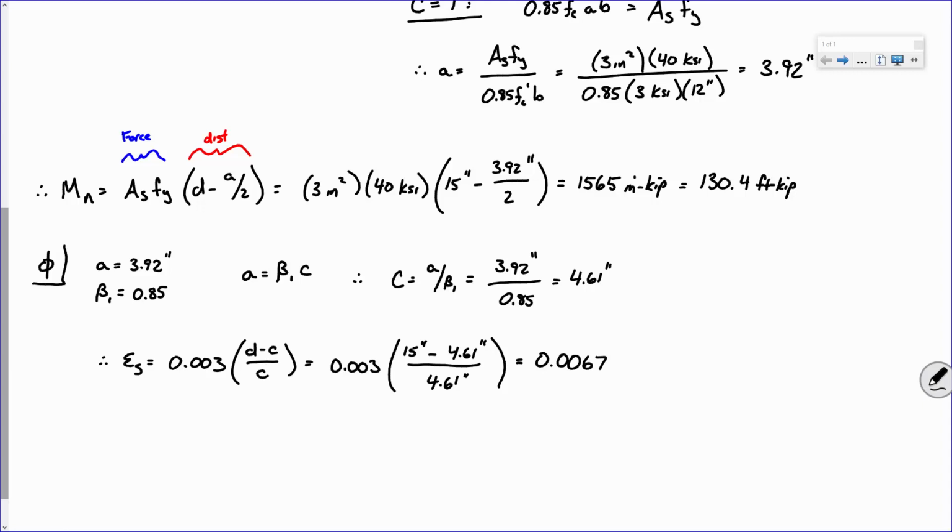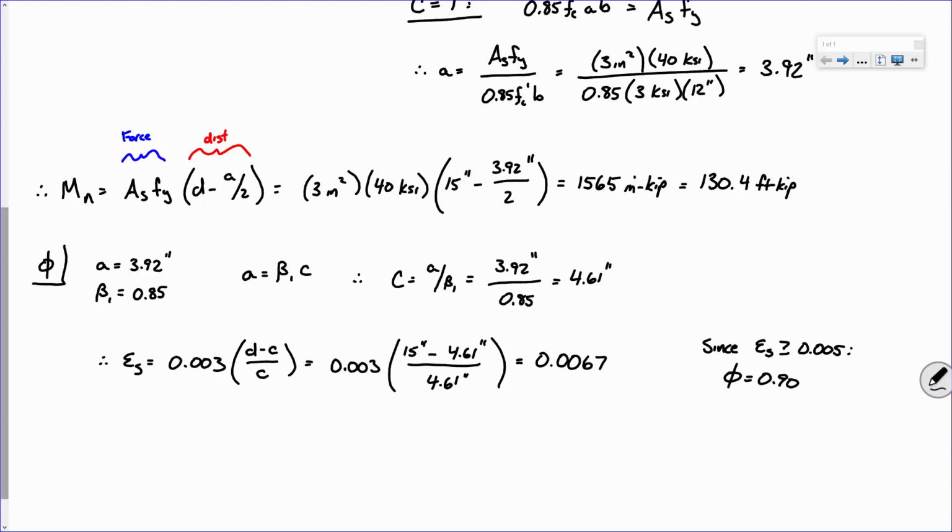0.0067. Now, remind me, what does that mean? Phi doesn't equal 9, it equals 0.9, okay? And the reason why is because the strain in the steel is greater than that magic number of 0.005, that means that phi is 0.9.